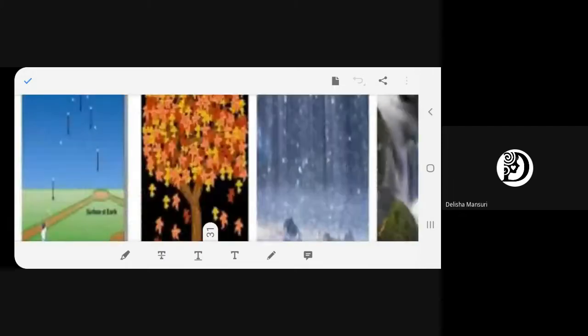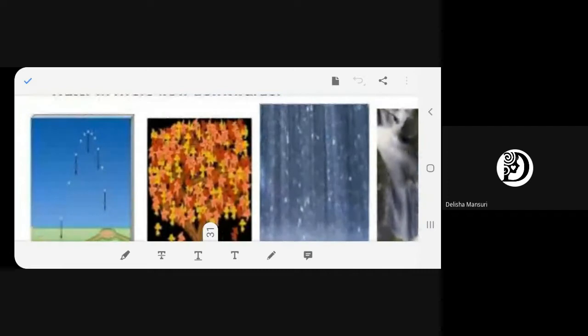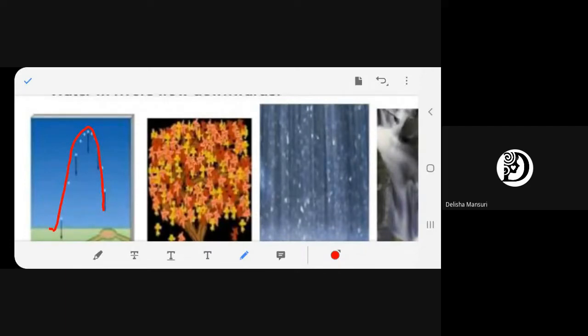See over here. This is a ball. The ball goes up and then it comes down. Got it? So why does it come down? Due to gravity. Then leaves falling down.